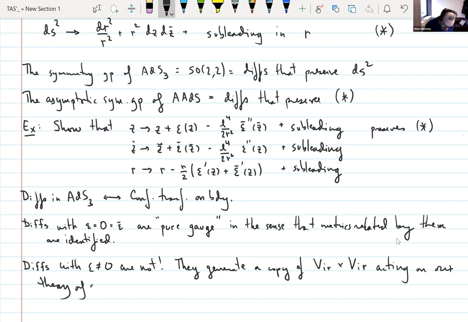Good question. Yeah, sorry. Should we be able to see that here, or should we just believe that? The fact that we have z going to epsilon of z and z bar going to epsilon of z bar out at the boundary means that you could write down the vectors that generate these diffeomorphisms, right? Diffeomorphisms by definition are generated by vectors. So write down those vectors and compute their algebra.